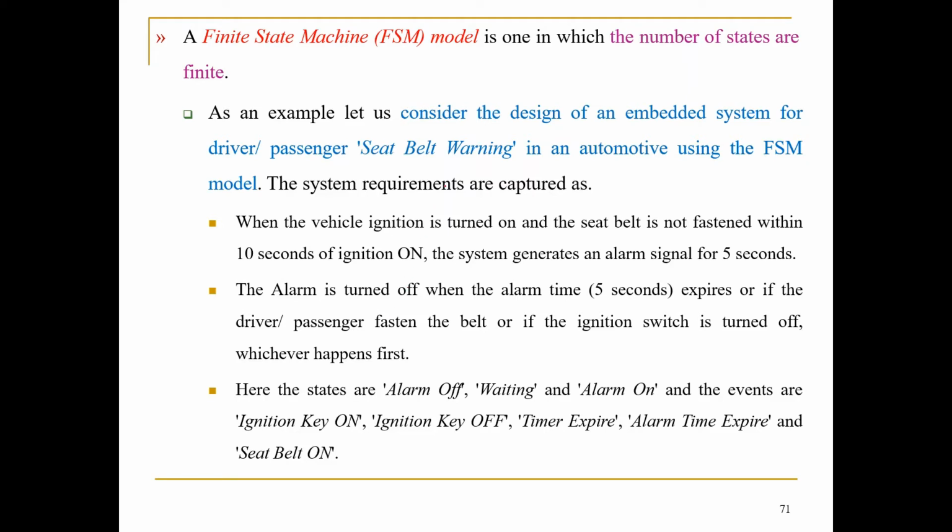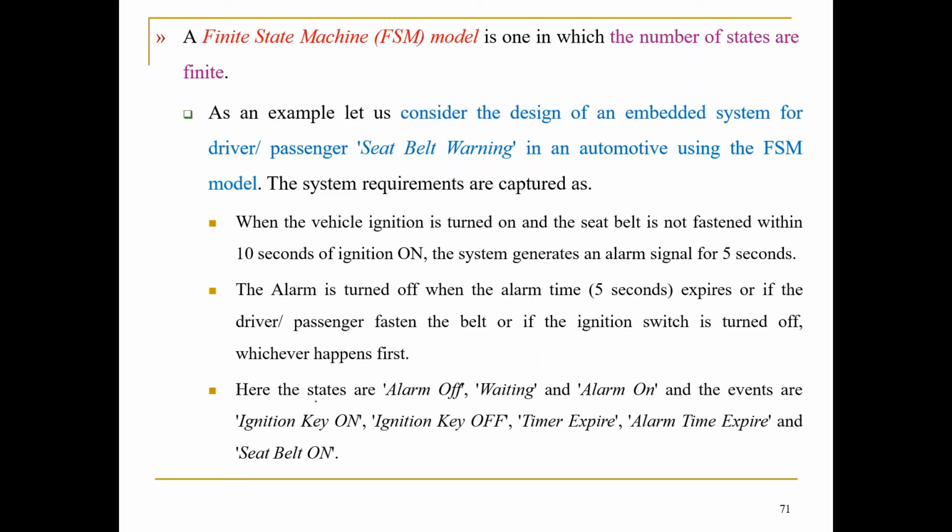So this particular embedded system should be represented using an FSM. As I said, if you want to represent a system using FSM, I need to know the four terminologies. That is, I need to know state, I need to know event, I need to know the transitions, and I need to know the actions.